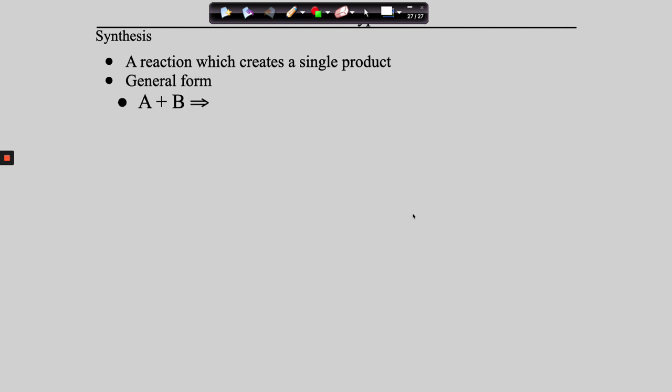So guys, the general form is this. A plus B, but if they're putting stuff together, what's the product? It's just AB. Do you get the idea? In a synthesis reaction, the bits are just coming together to make something bigger.